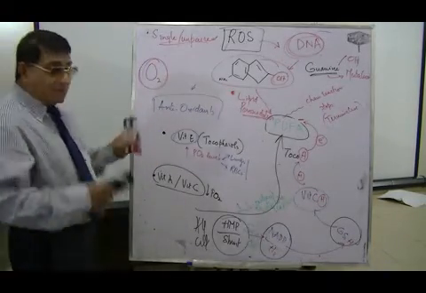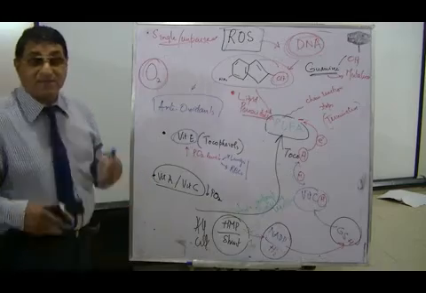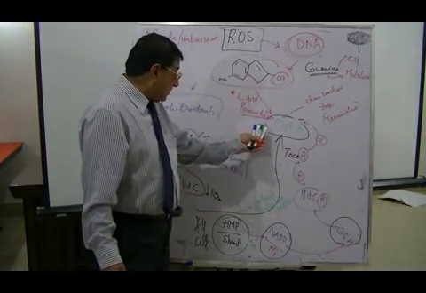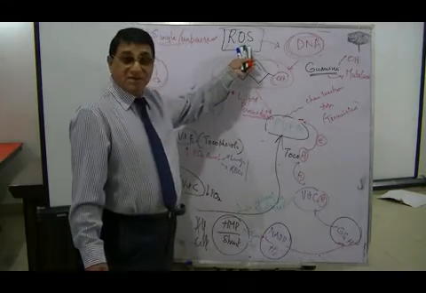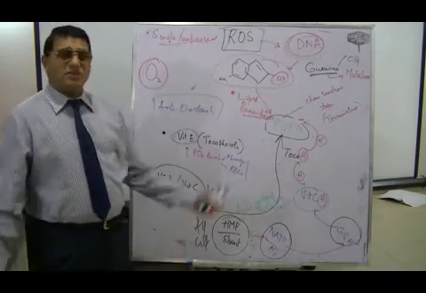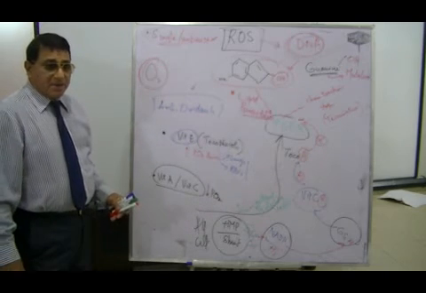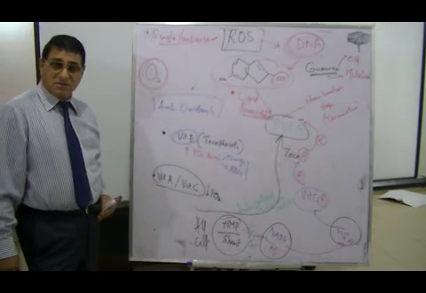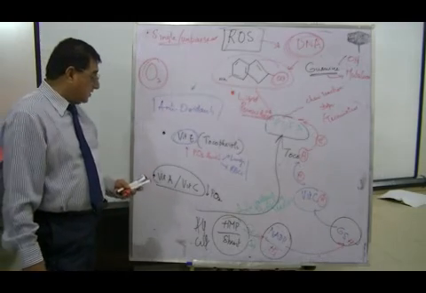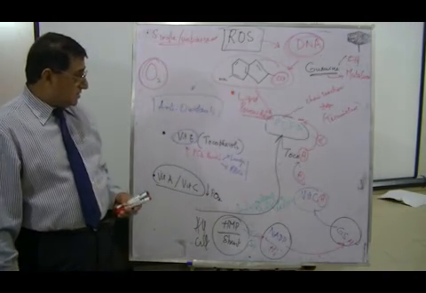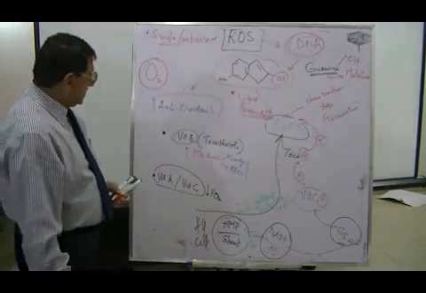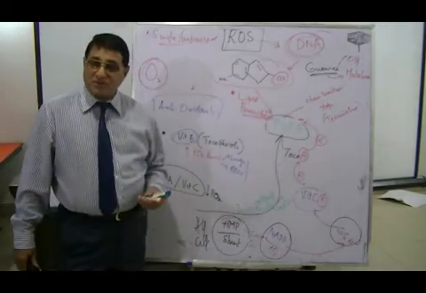But unbridled, excessive production of reactive oxygen species will cause damage. For example, in homocystinuria, transsulfuration reactions are not taking place.